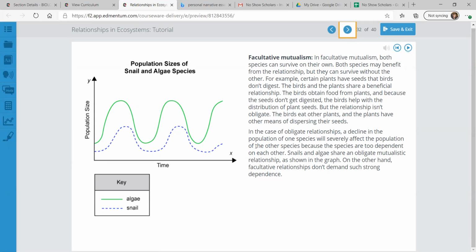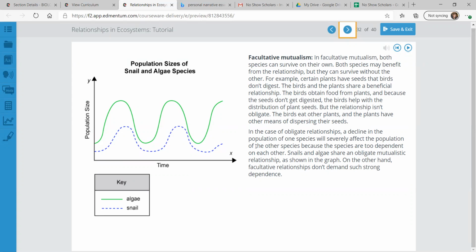Facultative mutualism. In this type of mutualism, both of the species can survive on their own. Both species can benefit from the relationship, but they can also survive without the other. For example, certain plants have seeds that birds don't digest. The birds and the plants share a beneficial relationship.